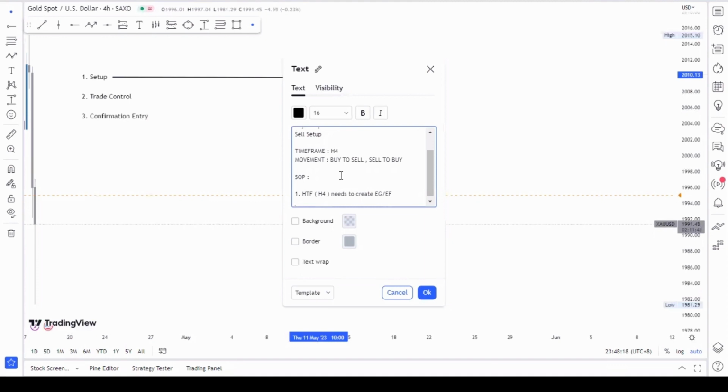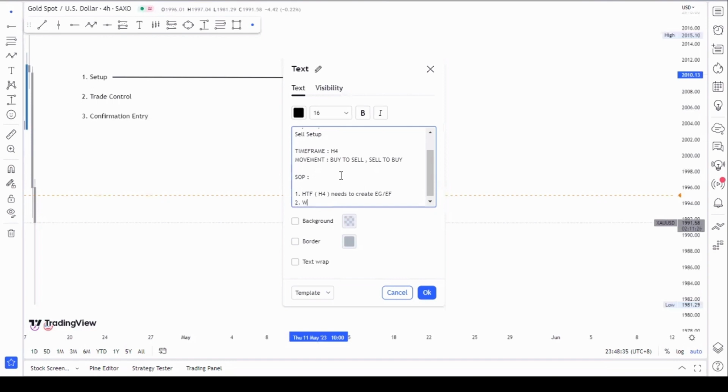Then we need to mark the zone, the one that we learned last night. Marking the zone is very important.